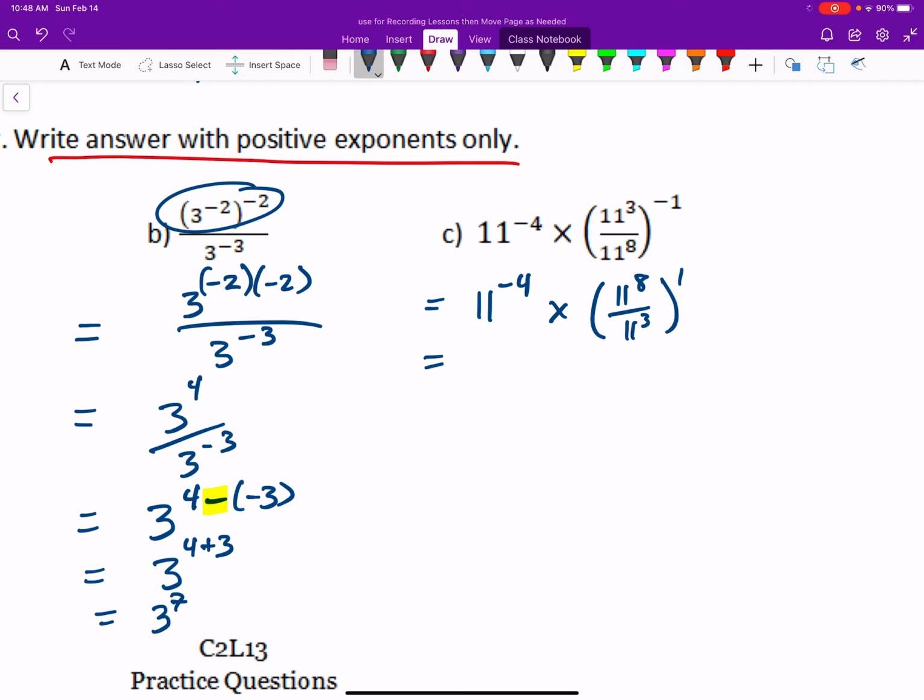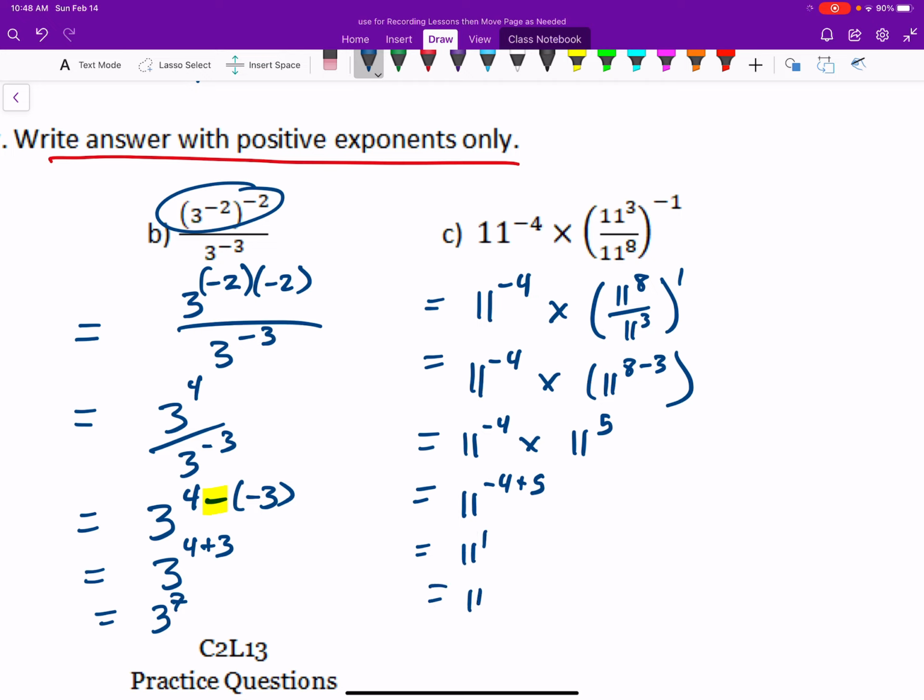I'd simplify what's inside the brackets first. I would have 11 to the 8 minus 3, so it would be 11 to the negative 4 times 11 to the 5. And then I'd add those exponents together. Negative 4 plus 5 gives me 11 to the 1, which I just write as 11.